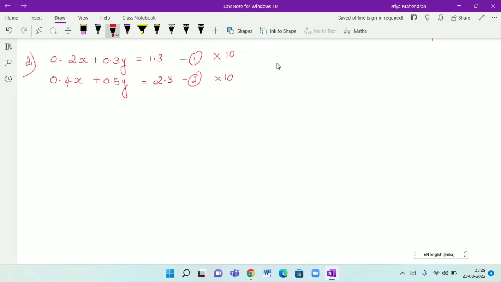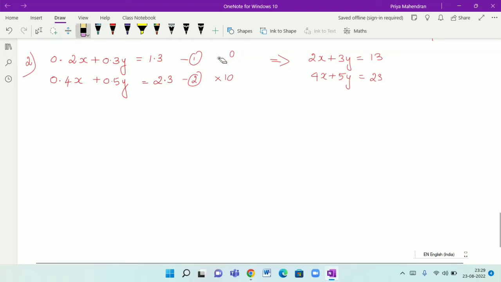This gives you 2x plus 3y is equal to 13 and 4x plus 5y is equal to 23. After removing the decimals, this is just like problem 1, so you can use the same method and solve it.